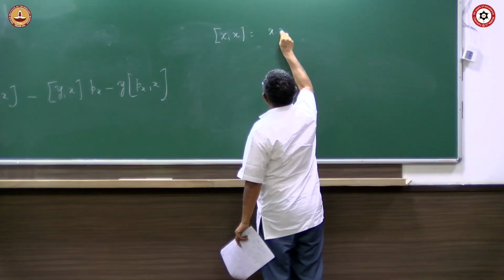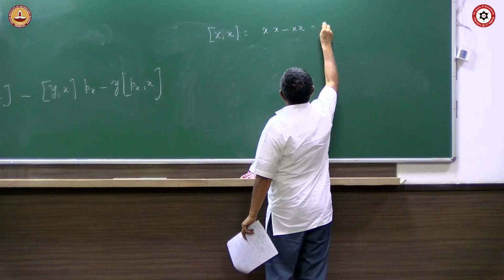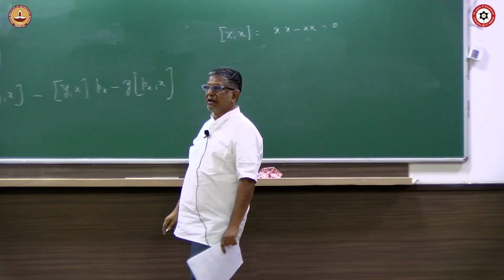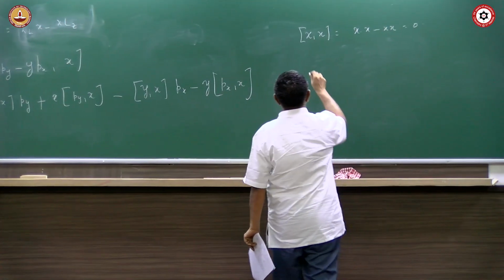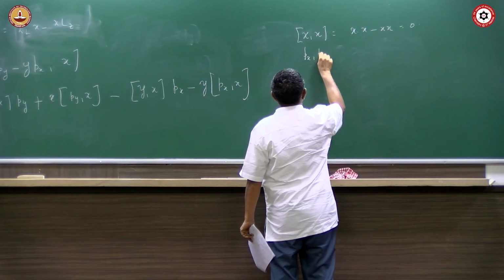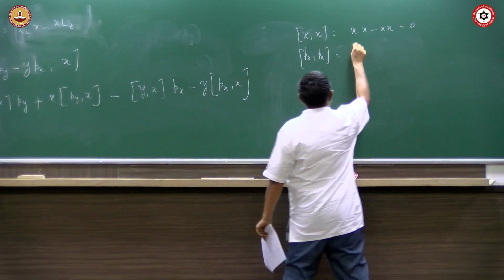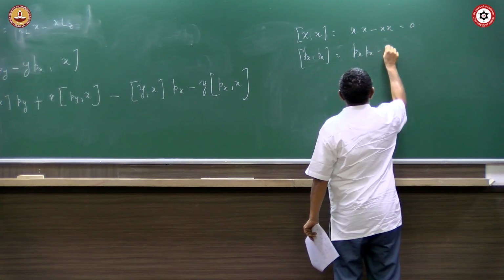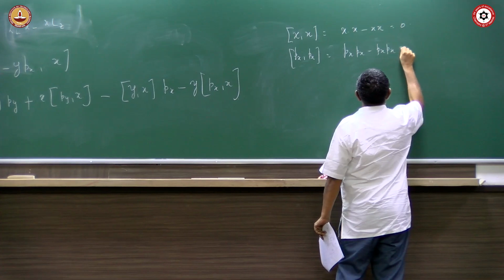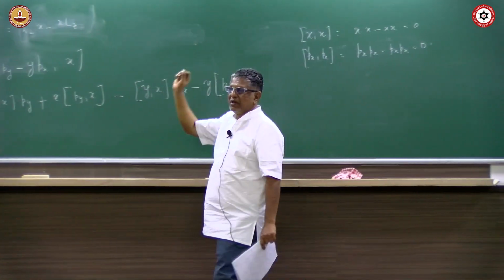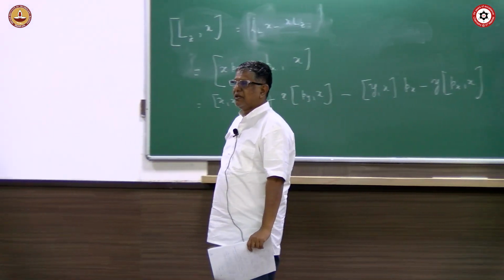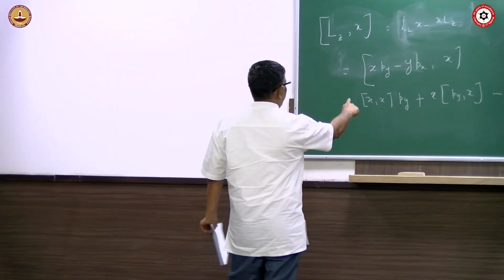What is this? x x minus x x. Therefore, x commutes with itself. Similarly, Px comma Px is 0. Px commutes with itself, right? Therefore, evaluate this.